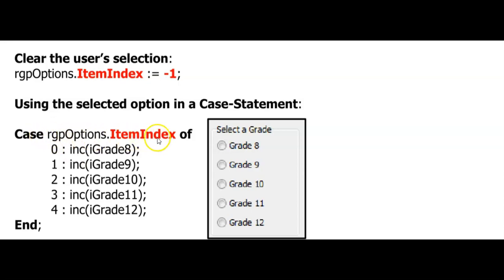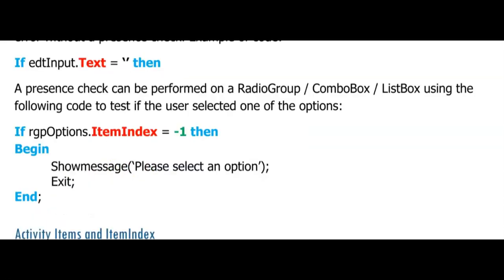And what I will do is put the item indexes here as my options. If this here was my radio group, item number 1, which is index 0, is grade 8. So if the user clicked on grade 8, I am counting my grade 8. If they click on grade 9, which is item index 1, I then count the grade 9s.